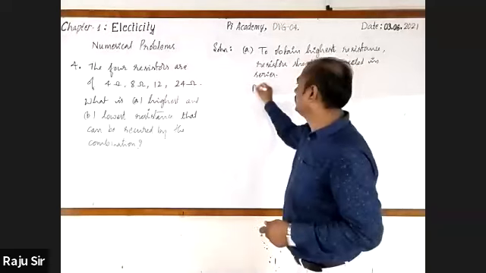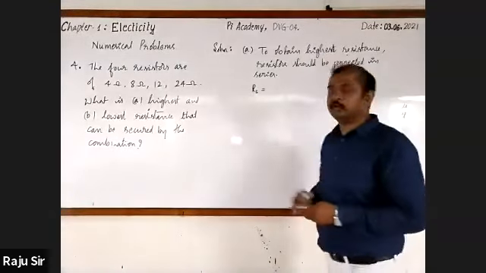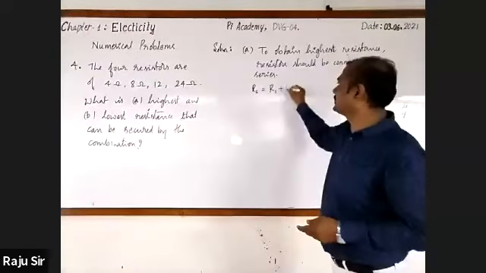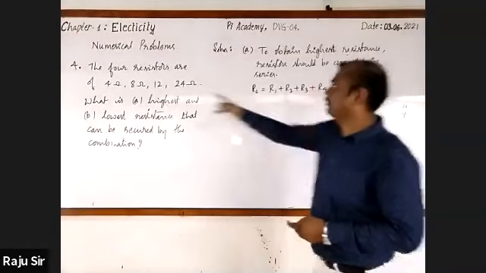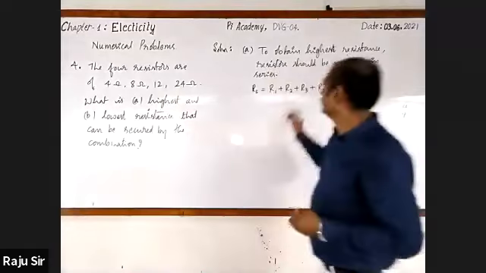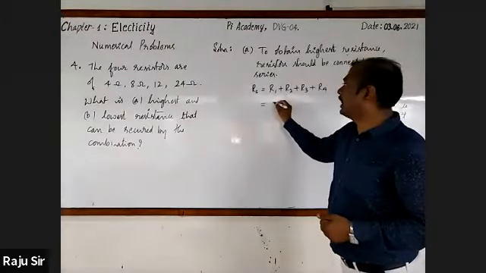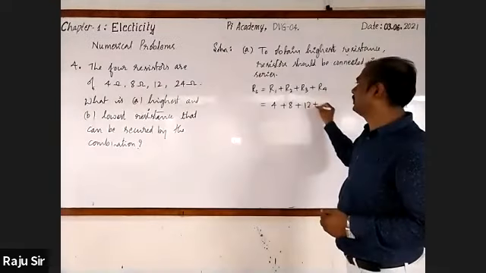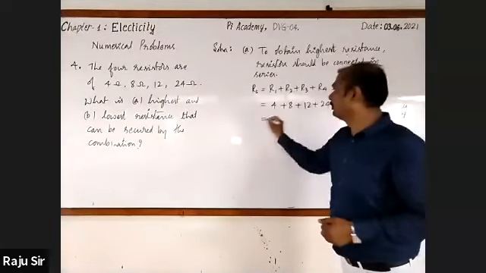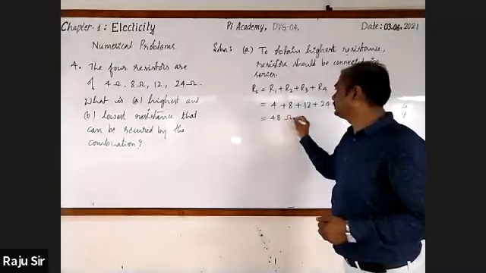Here I write RS is equal to R1 plus R2 plus R3 plus R4. 4 resistors are there. Then let us substitute. R1 is 4 ohm, R2 is 8 ohm, R3 is 12 ohm, R4 is 24 ohm. It will be 48 ohm.